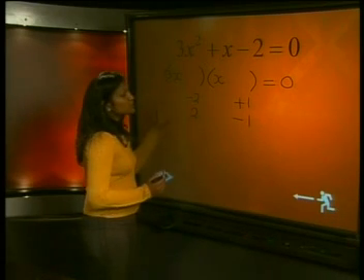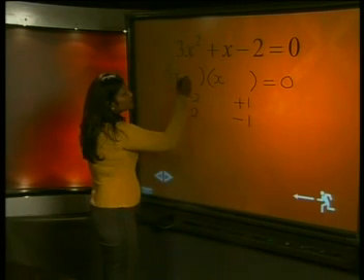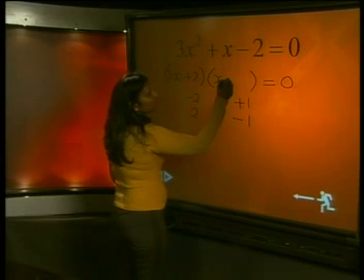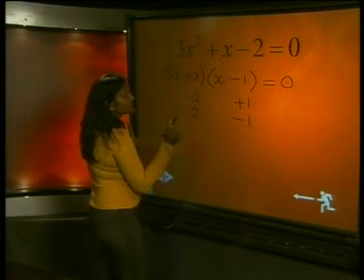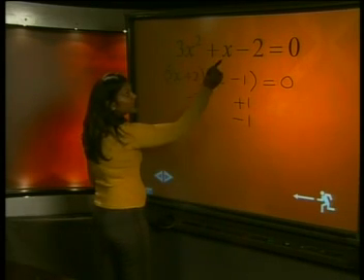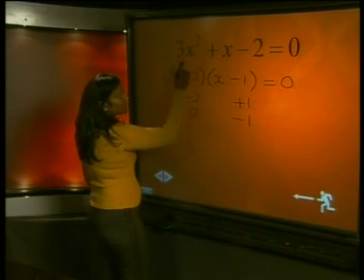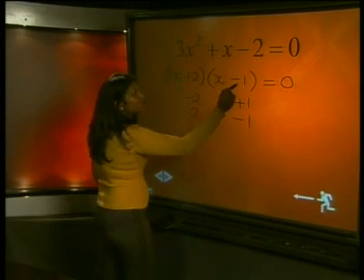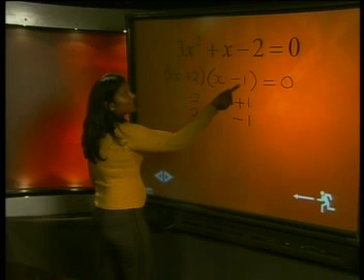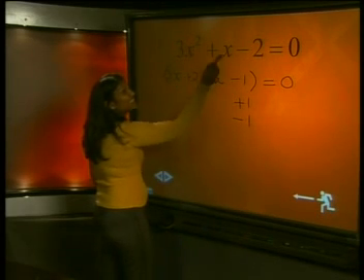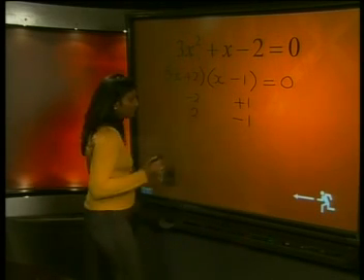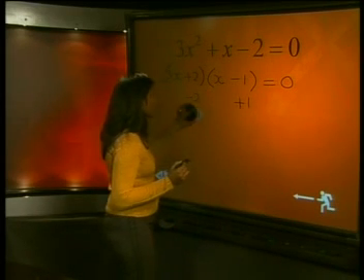Now, let's substitute these values. If I substitute plus 2 here and negative 1 here, let's multiply and see if we get the middle term of positive 1x. 3x times x is 3x squared. 3x times negative 1 gives me negative 3x. And if I add it to positive 2x, I get negative 1x. So, these factors can't be used.